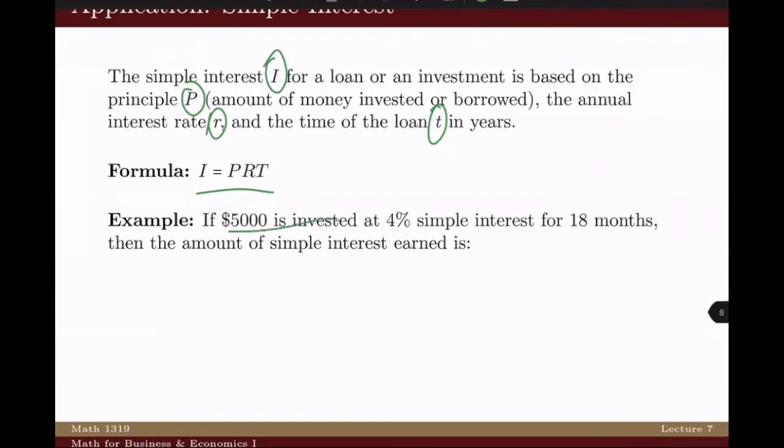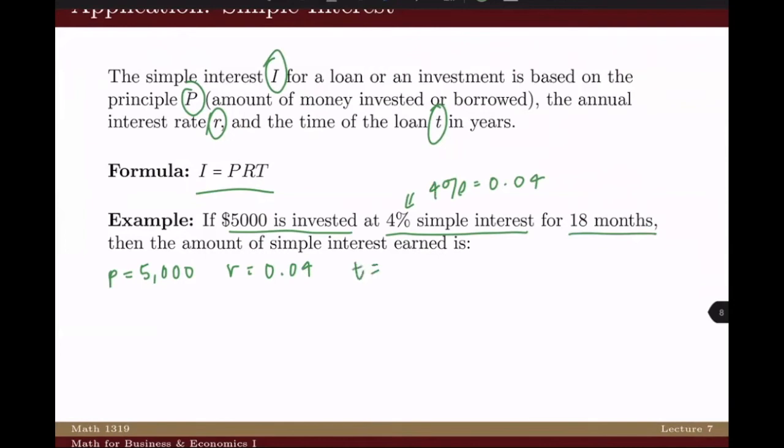So that means P equals $5,000. 4% simple interest means that my R is 0.04, because remember, with percents, we always have to move the decimal, right?